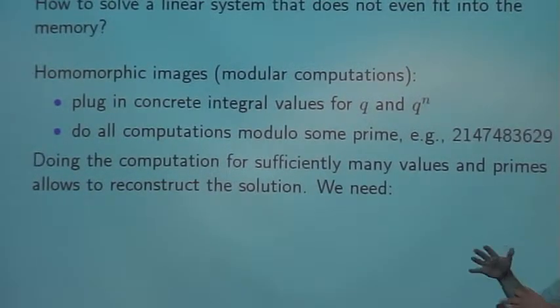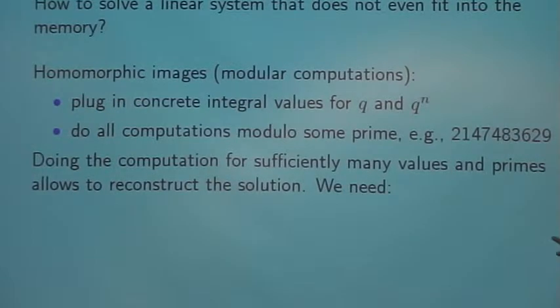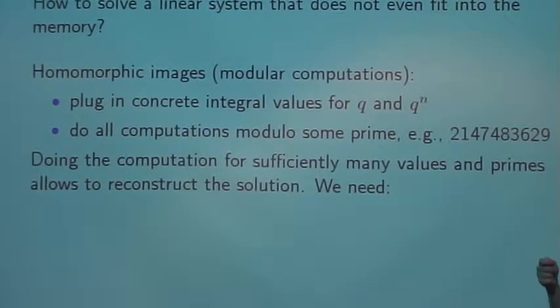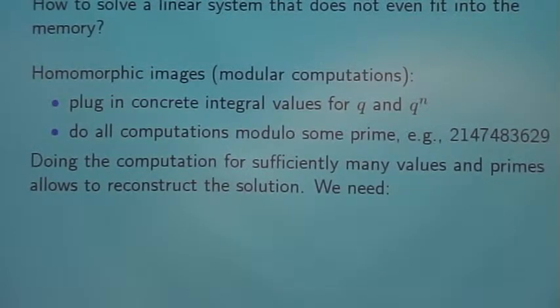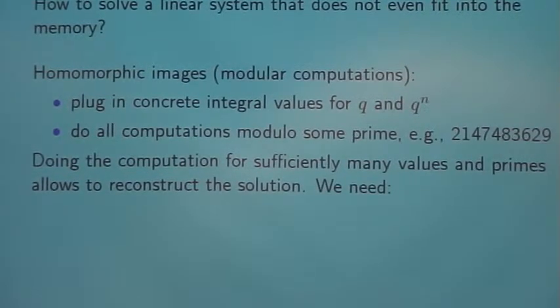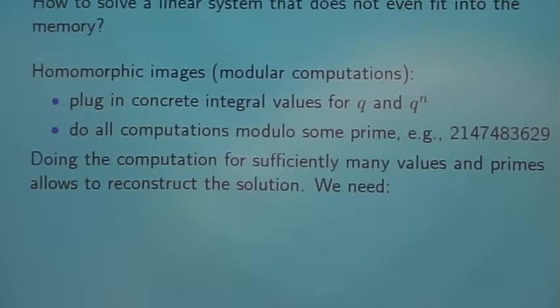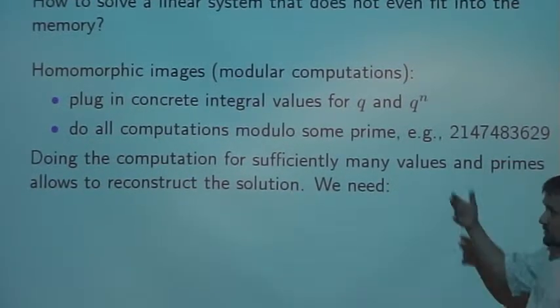So we stay very small, and to see whether this system has a solution is really fast. With this modular arithmetic, you can have a 2000 by 2000 matrix, and it goes in just a second if you compute modulo a prime.